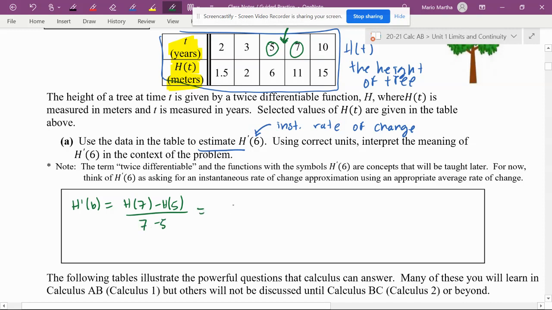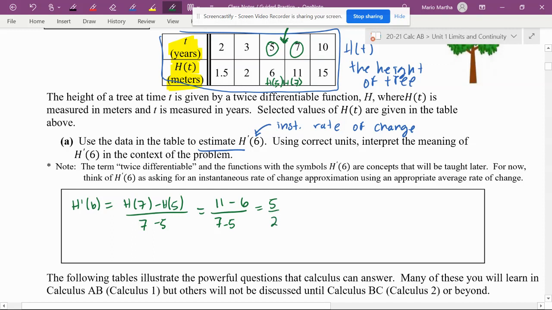And then here we're going to just use the data that we already have. This is h of 5, and this is h of 7. So here we have 11 minus 6 divided by 7 minus 5. That leaves us with 5 over 2.